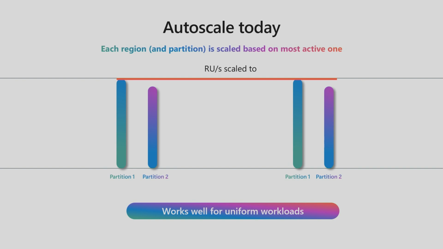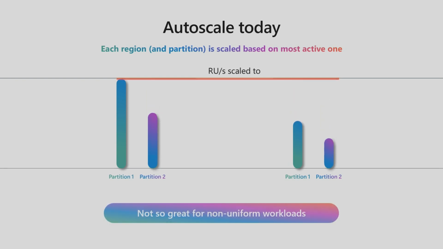This works well for uniform workloads, but you can see here where workloads have one active partition and some other idle partitions or partitions that aren't all uniform, as well as regions that aren't as active as other regions, you are still scaled based off of that most active one. So this can really hurt your cost on Cosmos DB in the past.